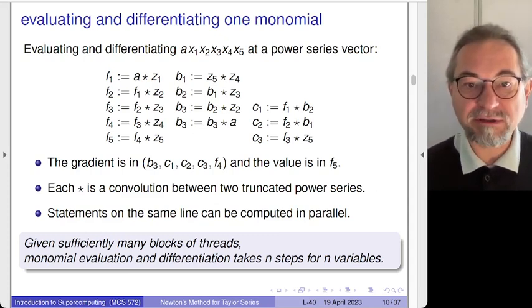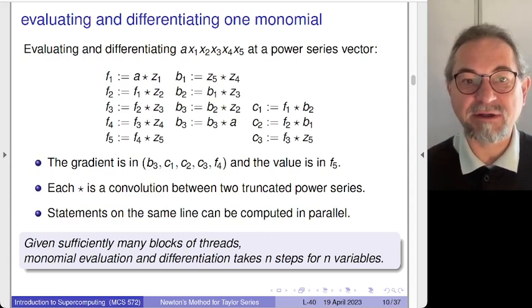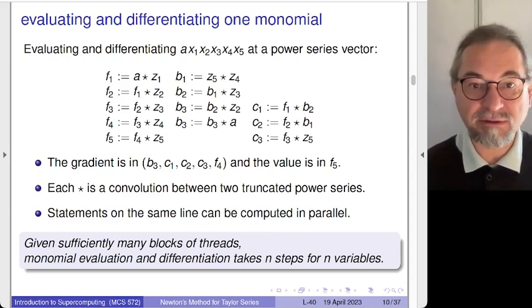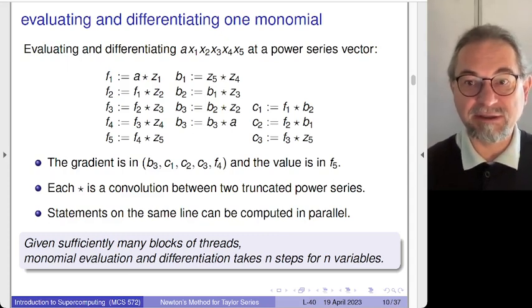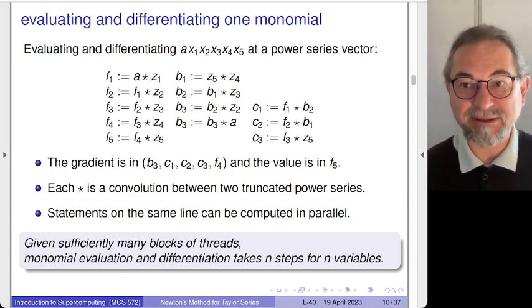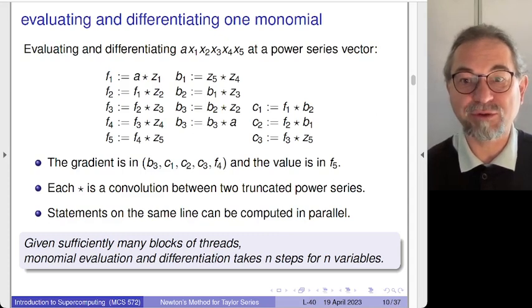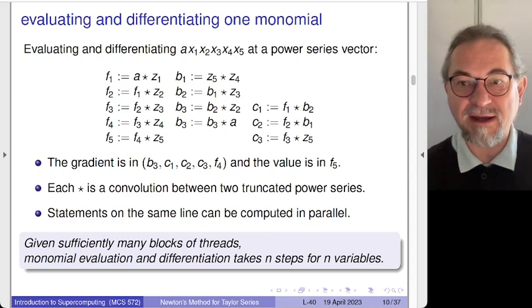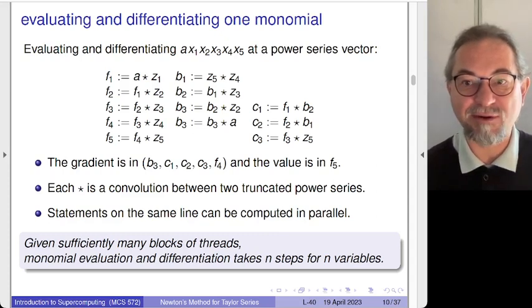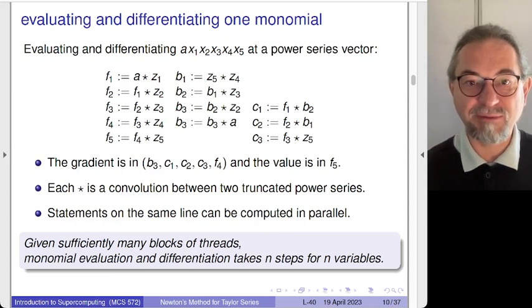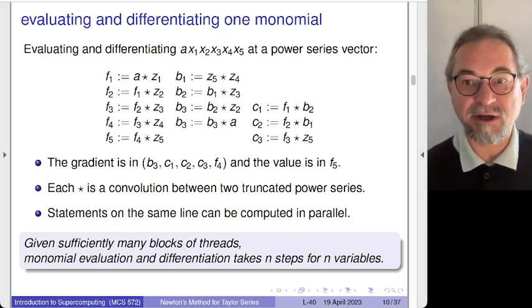The last forward product is the value, and the next to last product is already the last component of the gradient vector. So the observation of algorithmic differentiation is that when you evaluate, with some additional work, you can also obtain the entire gradient vector efficiently.